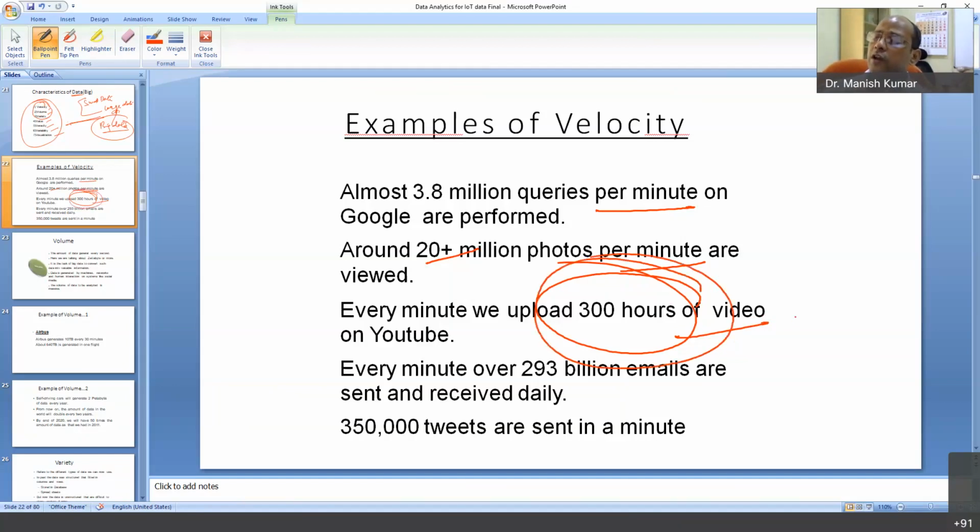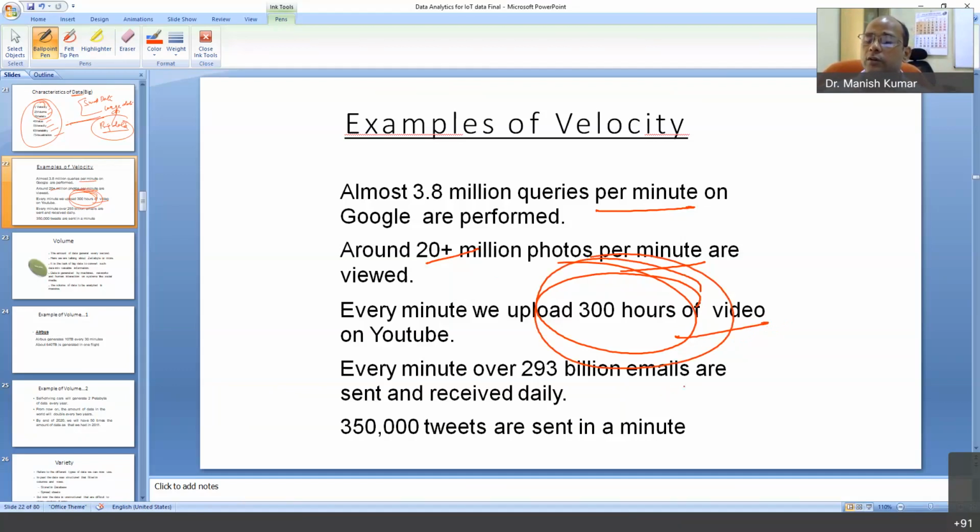You can see what is happening right now, because this is also a big source of income. So people are uploading 300 hours of video every minute on YouTube. So consider the amount of data you are generating.